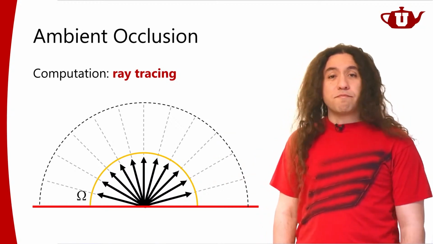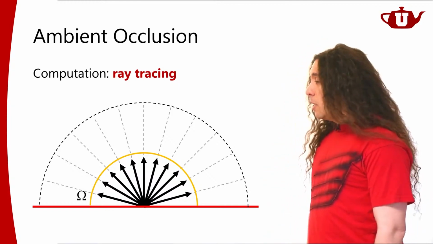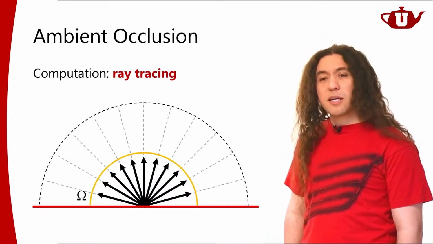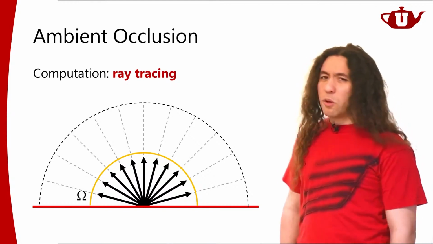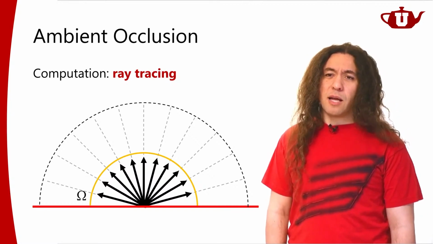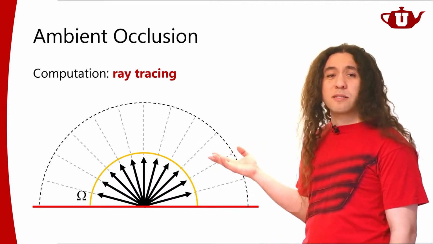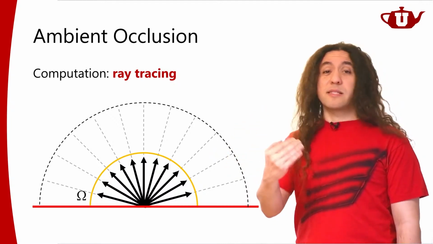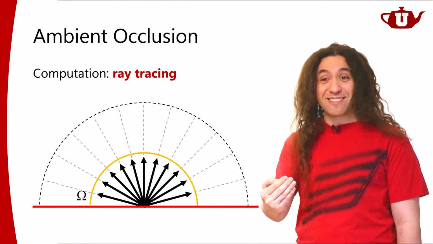So this is a proper way of computing ambient occlusion, but it's a little bit of a problem here, because this is becoming a little too close to computing indirect illumination. If I'm going to send 100 rays in all directions and find if they hit anything, I might as well go the next step and compute indirect illumination, at least one bounce of it, right?